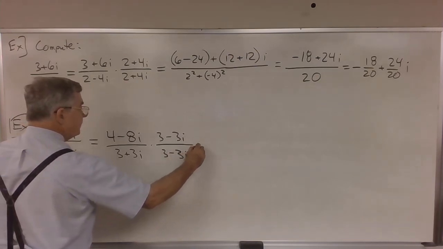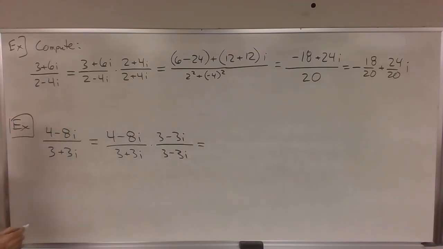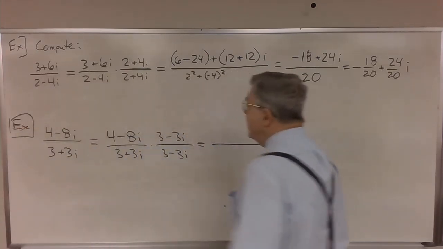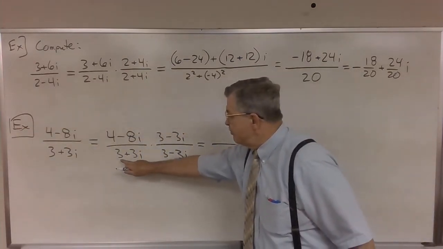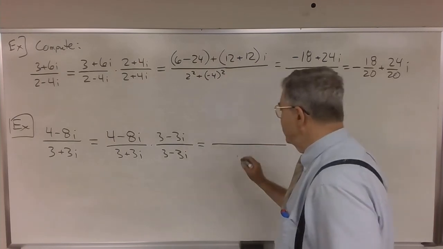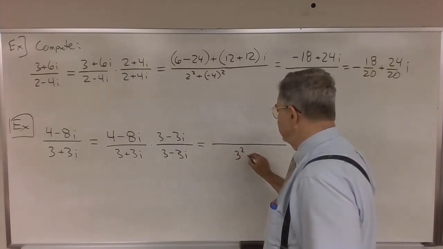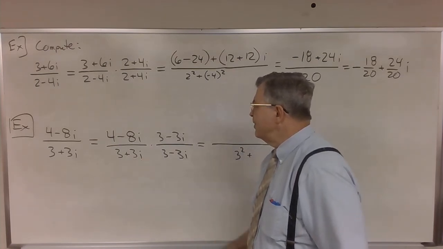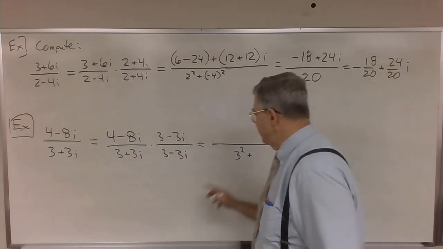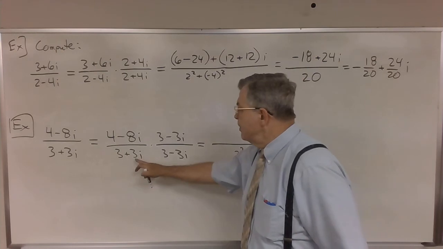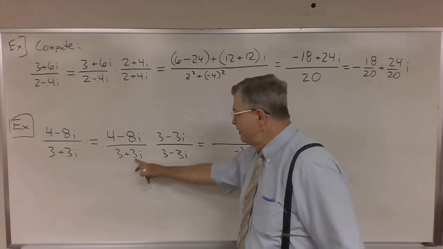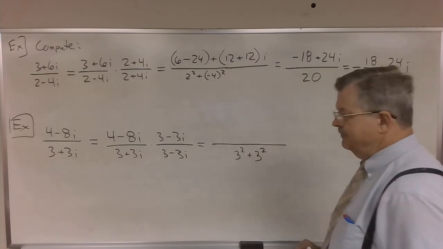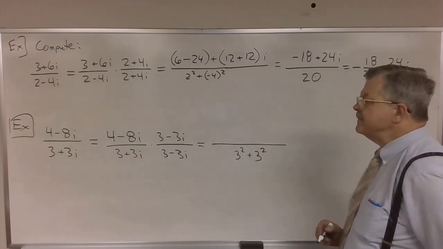Okay, excellent. And on the bottom, we have the real part squared, 3 squared. We have the imaginary part squared, 3 squared. Okay, that sounds better.